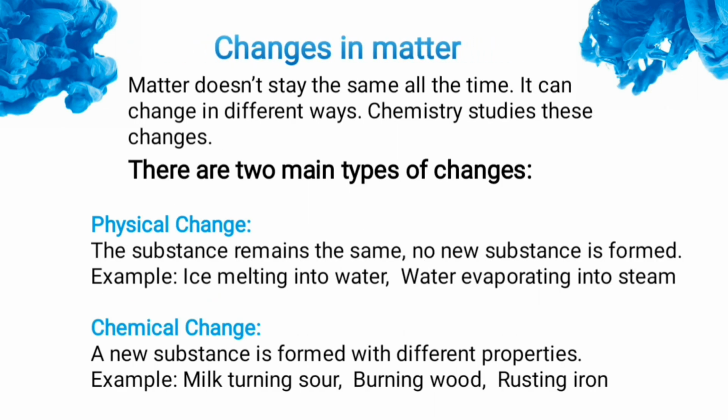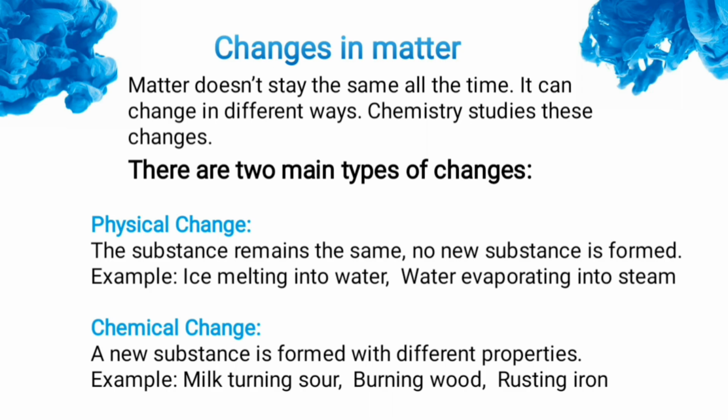Changes in matter. Matter doesn't stay the same all the time. It can change in different ways. Chemistry studies these changes. There are two main types of changes: physical change and chemical change.